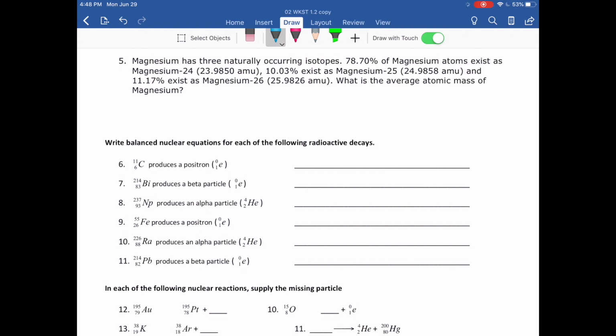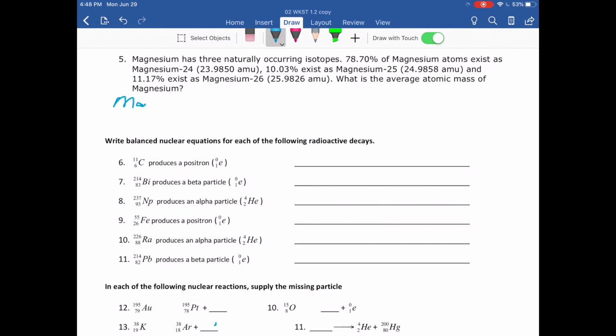To find the average mass of the isotopes of an element, mass average, and then you have to multiply the abundance, 78.70 divided by 100 times the mass of the isotope.